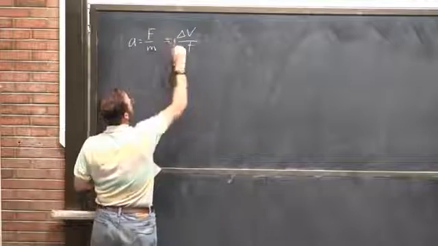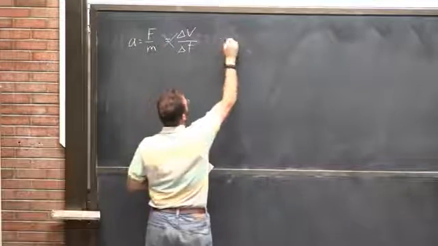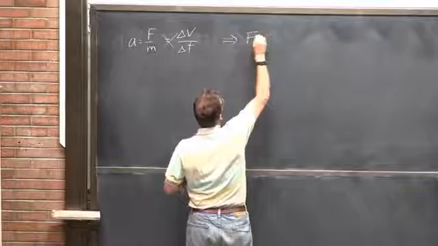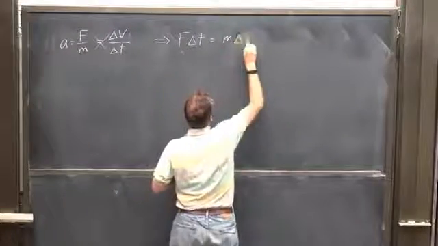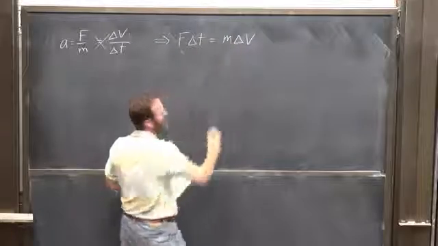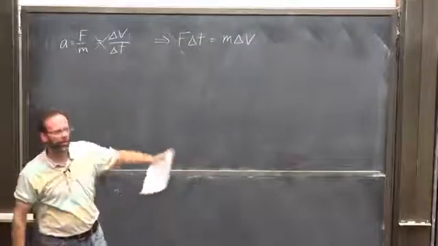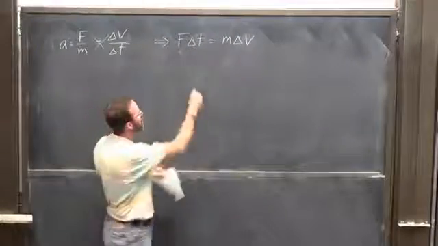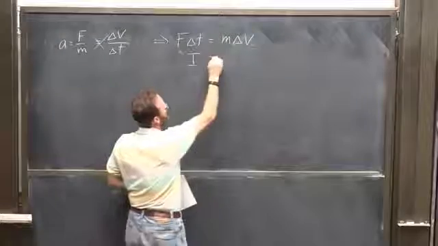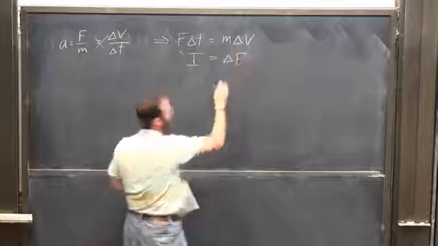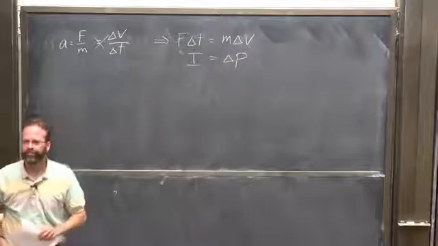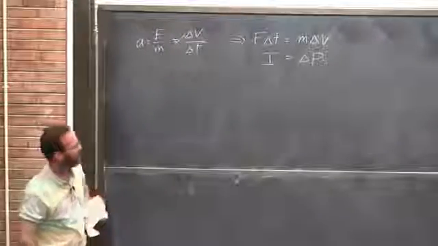So when you cross multiply, you get this relationship between the product of force and time, impulse, and how the velocity changes, which is a change in momentum. So that came right out of Newton's second law.